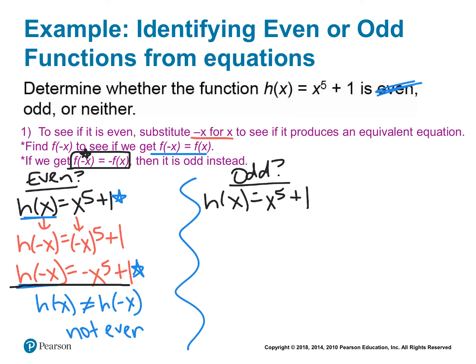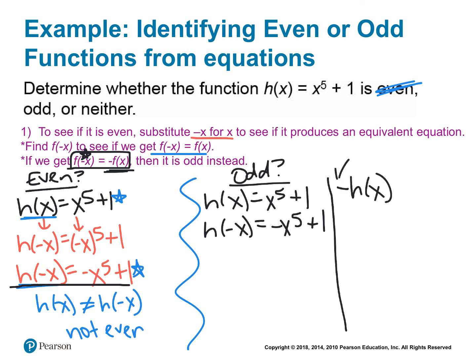So we already found this first portion. We found that h of negative x is negative x to the 5th plus 1. So we want to know, does that equal this one here? So let's go ahead and try to find what negative h of x is.